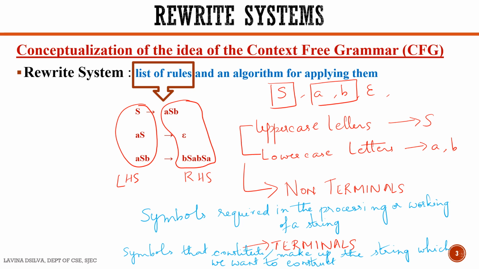So we could tell S is a non-terminal, whereas A and B here are terminals. We'll see these definitions in detail with an example to understand it better.